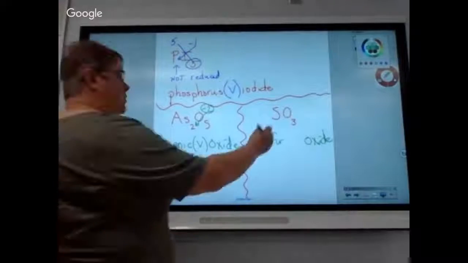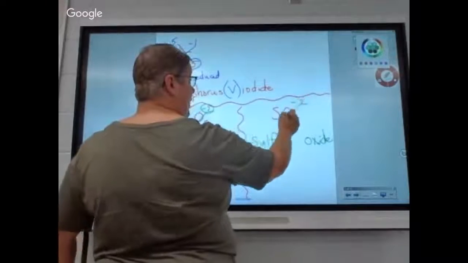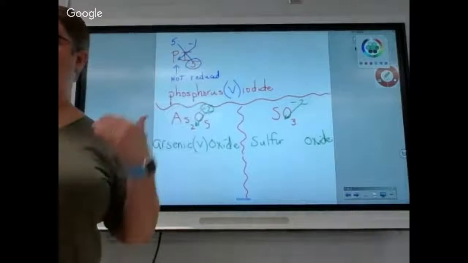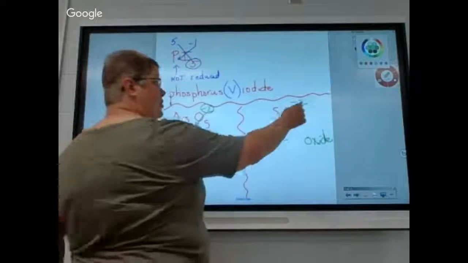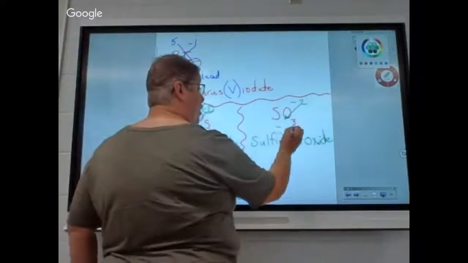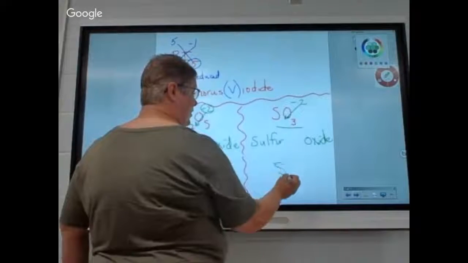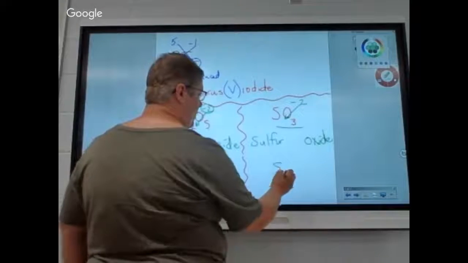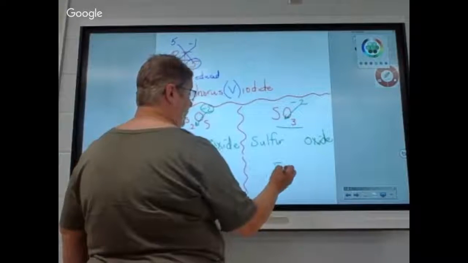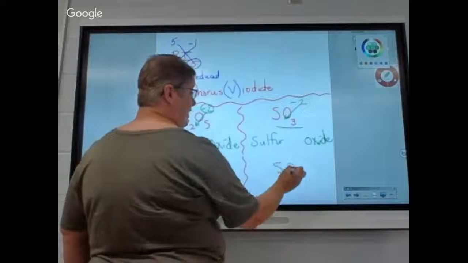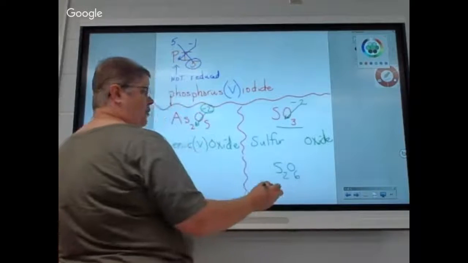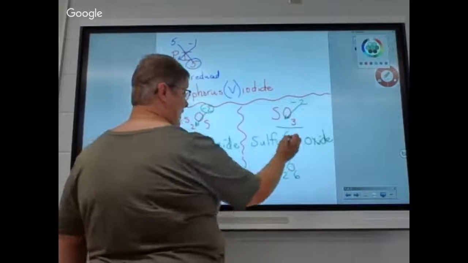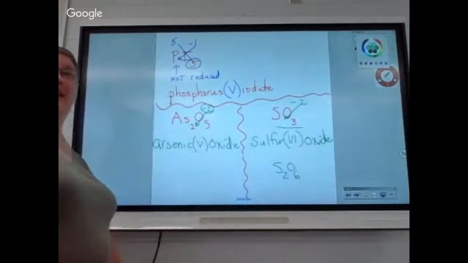Yes, because O has a -2, and there is no 2 written in the formula. So we need what it was originally. Take the 2 and multiply it through. S has a 2, O has a 6. So sulfur was originally a 6. So it was sulfur(VI) oxide.